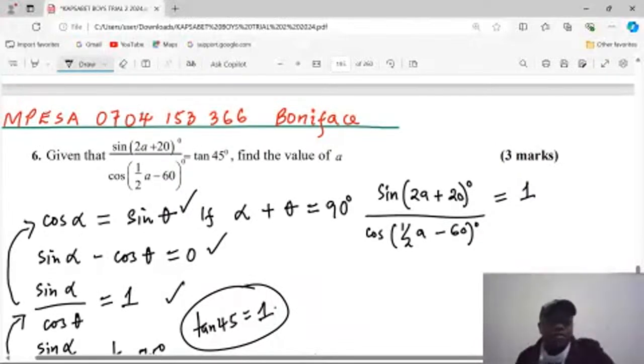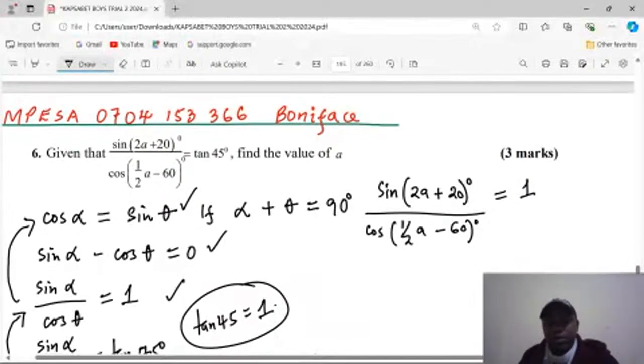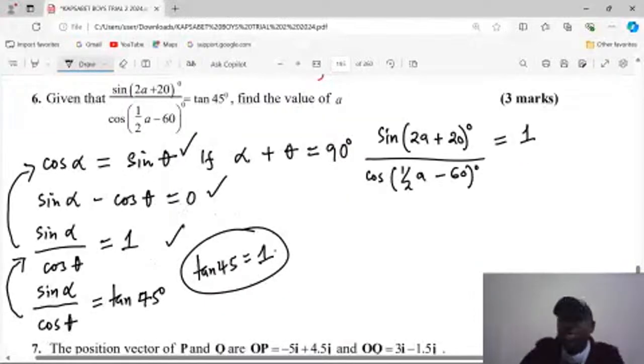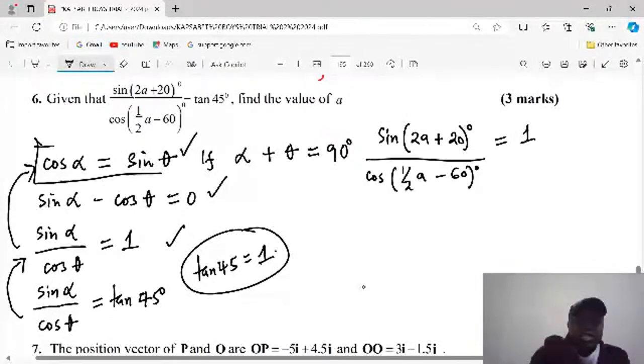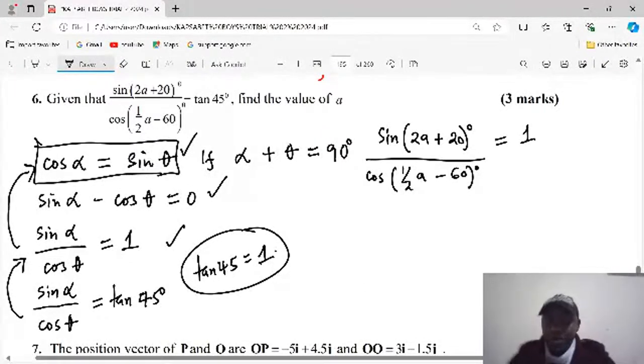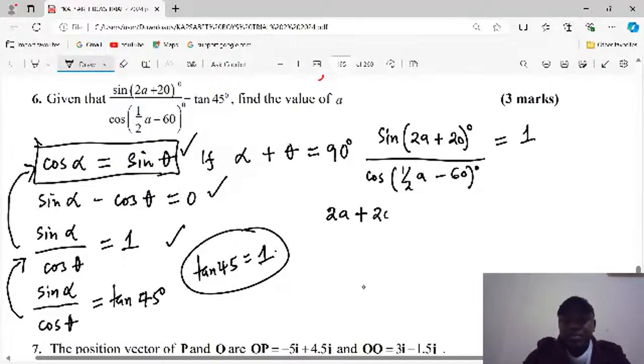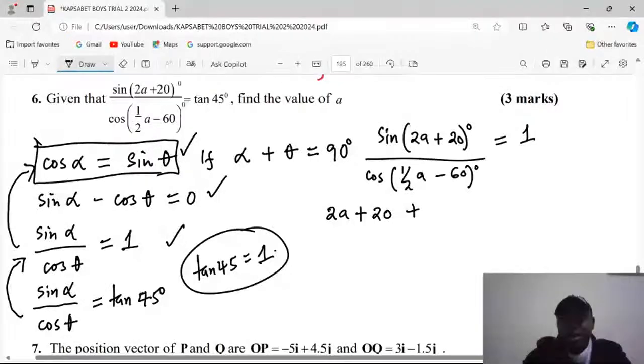So even by a simple cross multiplication, we'll get back to the initial translation. And so at this level, when we take 2a plus 20 and half a minus 60, we are supposed to get 90 degrees.